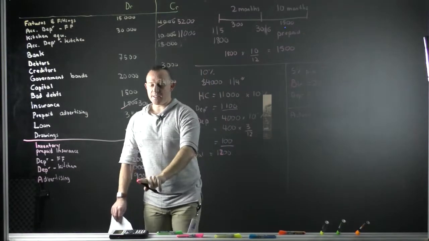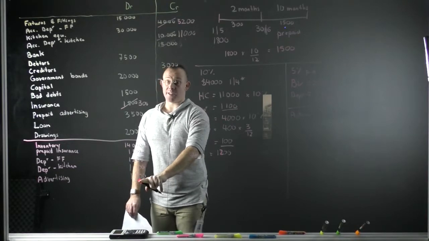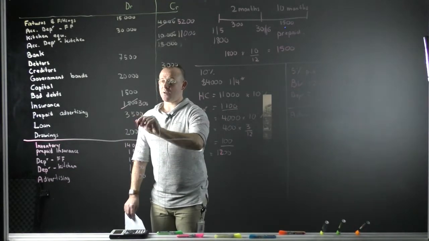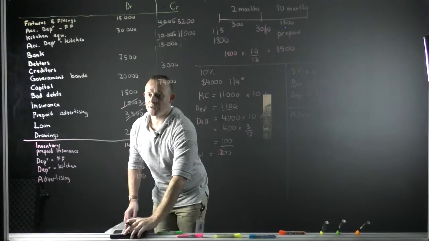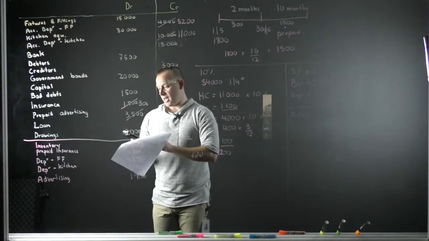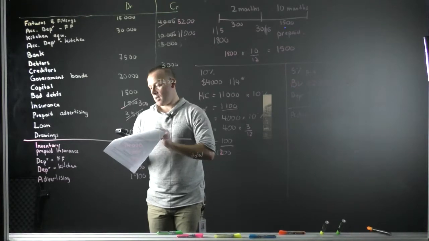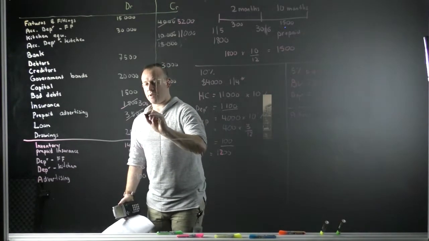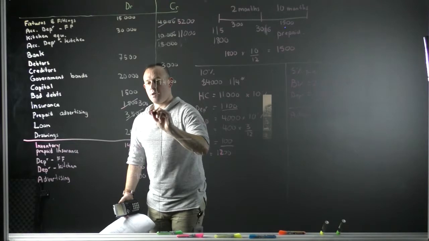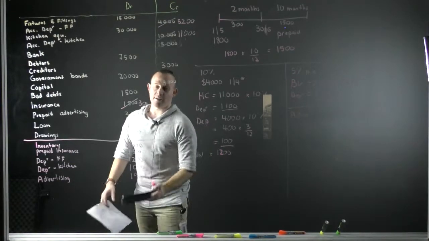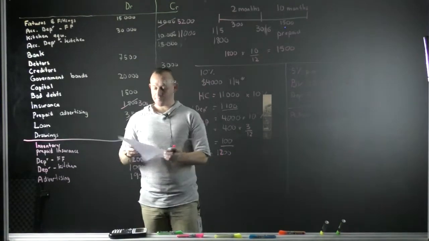So we've increased this account by 1,900, because it was 0. That means we need to decrease the prepaid account by 1,900. So 3,500 minus 1,900 gives us 1,600. And our debits and credits should equal then.